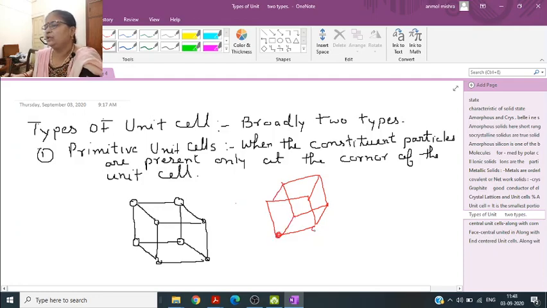So you can see here it is a cube. This is the simplest. Only 8 atoms are present at the corners.